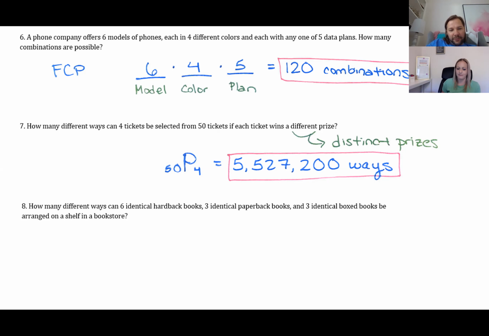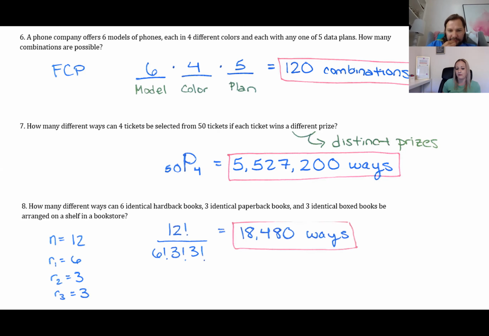So R1 would be 6, R2 would be 3, and R3 would be 3. And how do you figure out what n is? Add all those up. So 6 plus 3 plus 3 is 12. So n is 12, and then your r's are the 6, the 3, and the 3. So you just have to figure out 12 factorial divided by 6 factorial times 3 factorial times 3 factorial. And you get 18,480 ways.